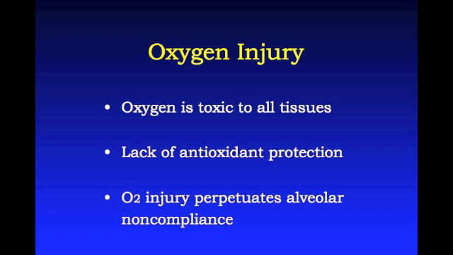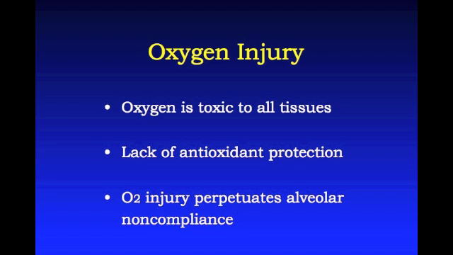Obviously, as we all know today, oxygen can be injurious to the lung. It is toxic to all tissues at 100%, even down to about 70%. Neonates have a big problem because they lack antioxidant protection, particularly the preterm neonate.